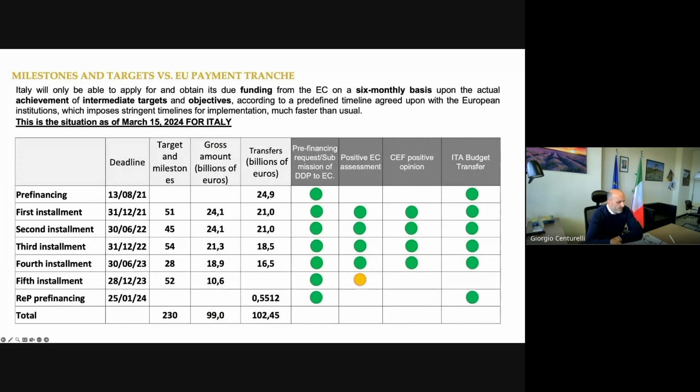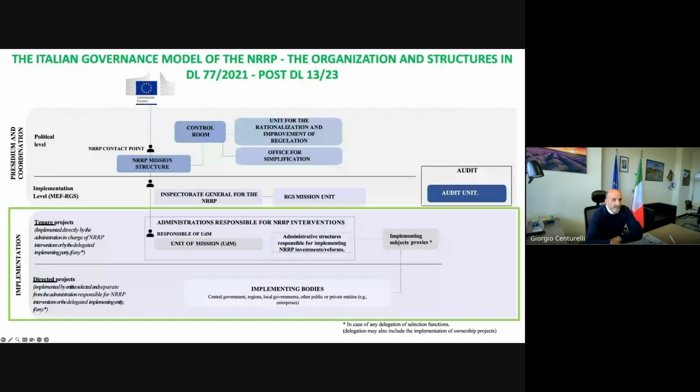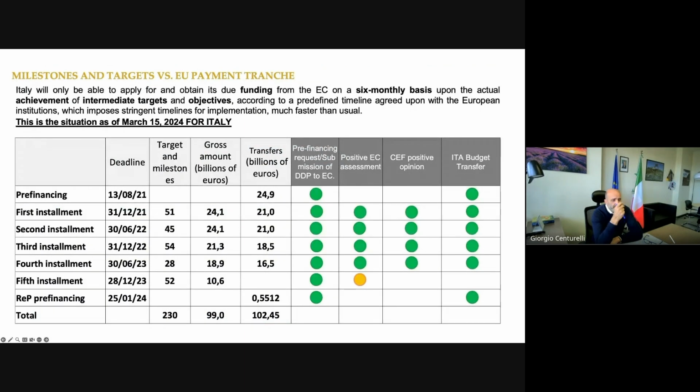This is just to show you the position of Italy in achieving the targets. We have sent 5 installments to the European Commission in order to have the reimbursement tranches, and now we are trying to close the assessment of the fifth installment sent to the European Commission last December.